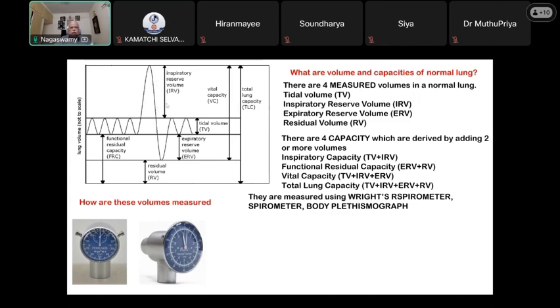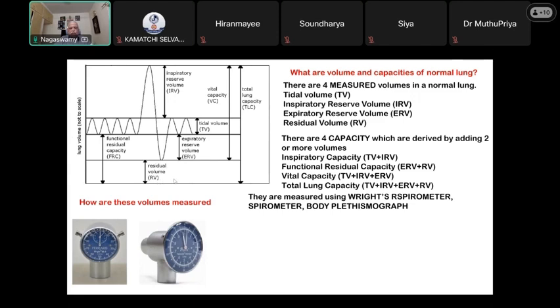Similarly, after the small amount of air that you exhale during quiet breathing, if you make efforts, you can exhale some more air, which is called the expiratory reserve volume. But there is a small amount of air which is left in the lung, because the lungs will not totally collapse after an expiration and re-expand again during inhalation. So whatever amount of air is present after even a forceful exhalation is called the residual volume.